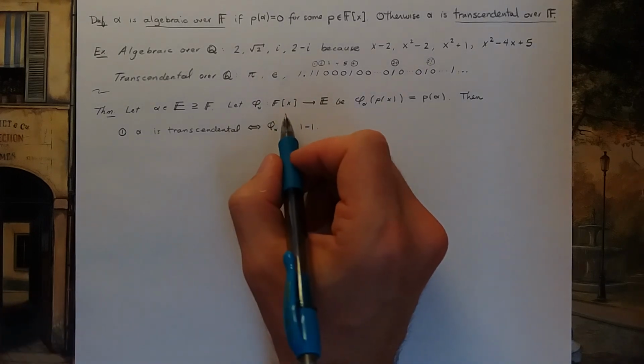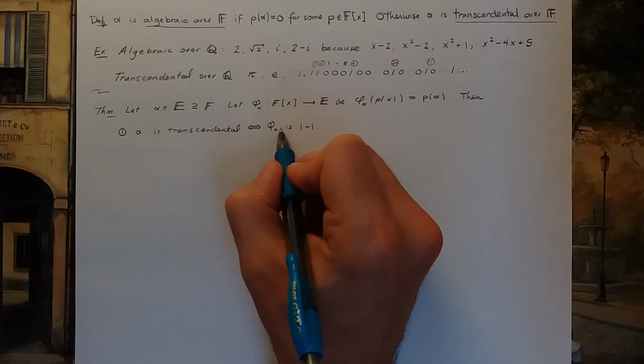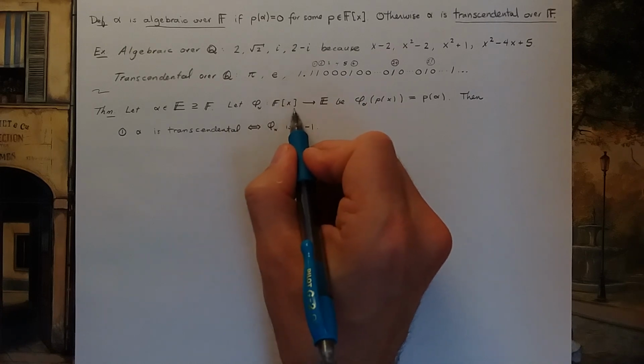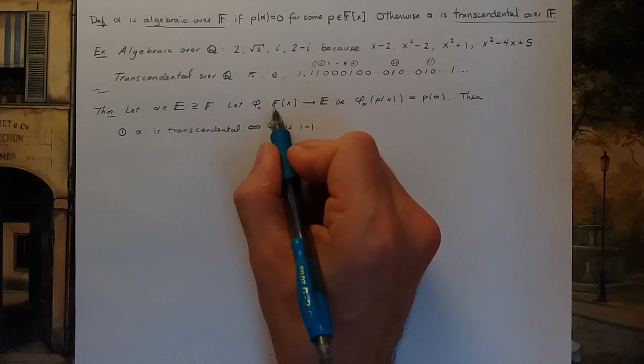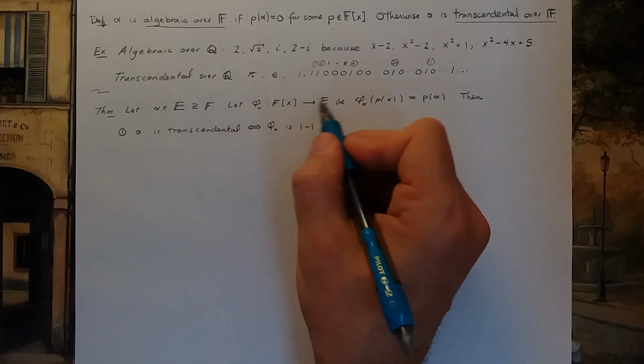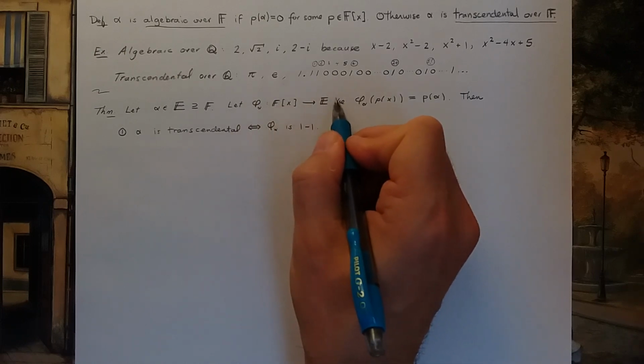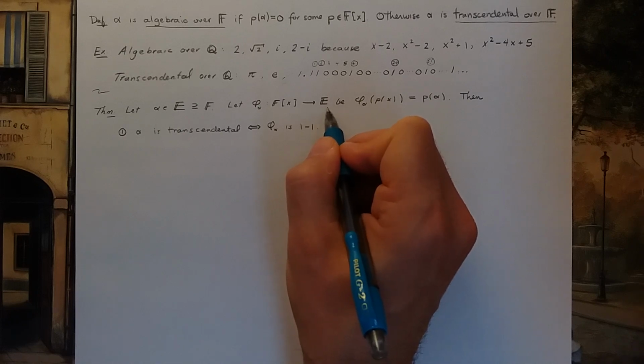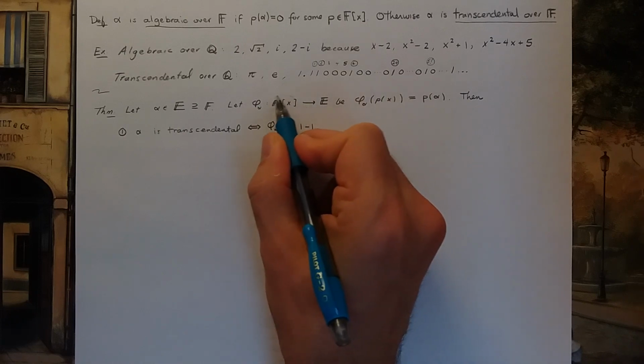What that means is that I have a one-to-one ring homomorphism from the polynomials with coefficients in my field to E, meaning that E contains a subring isomorphic to this polynomial ring.